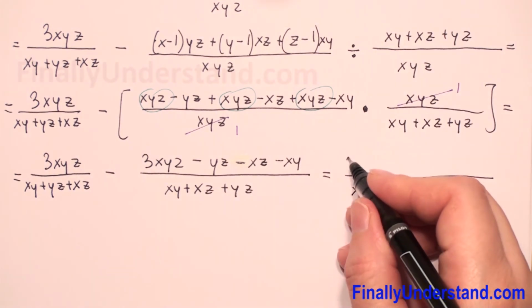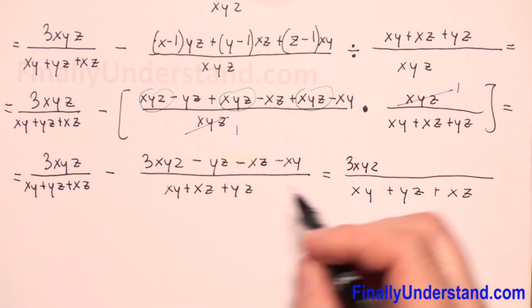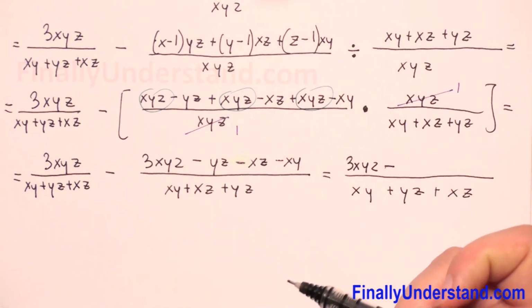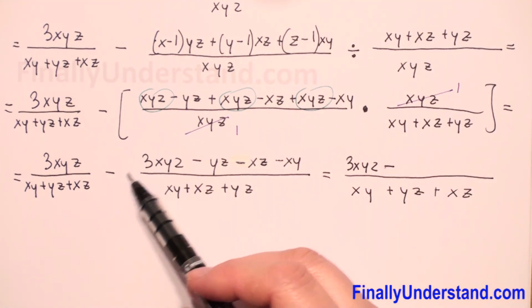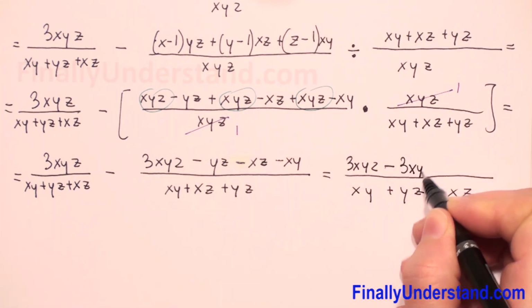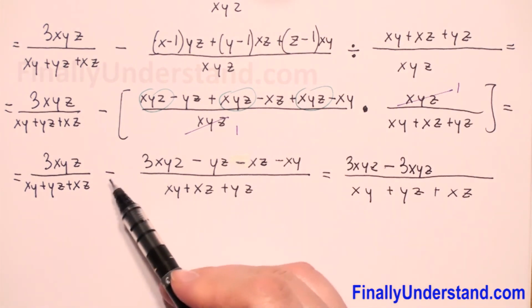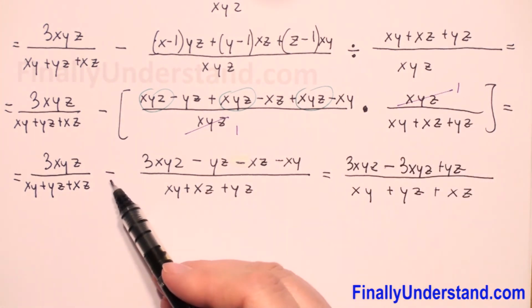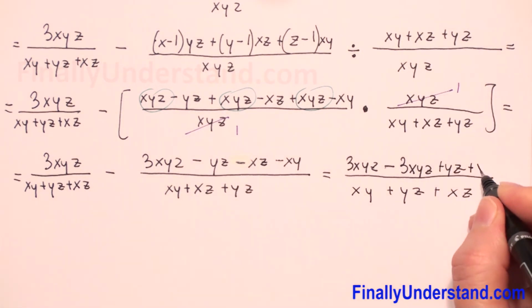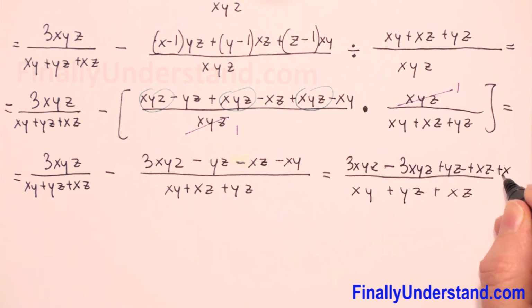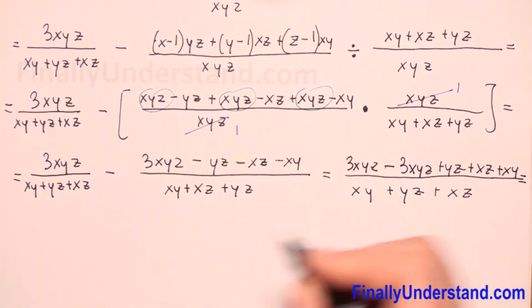So we have 3xyz, and we have a negative sign before this whole expression. So negative and positive give me negative, so it will be negative 3xyz. Next, negative and negative give me positive yz. Negative and negative give me positive xz. And negative and negative give me positive xy. So this is equal.